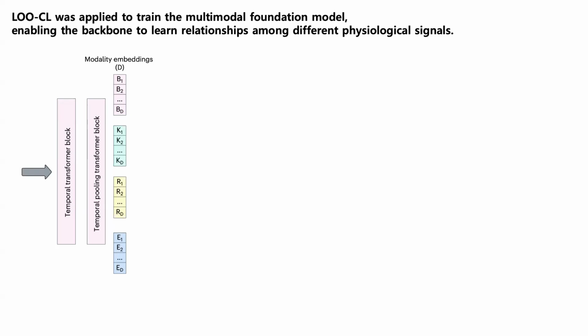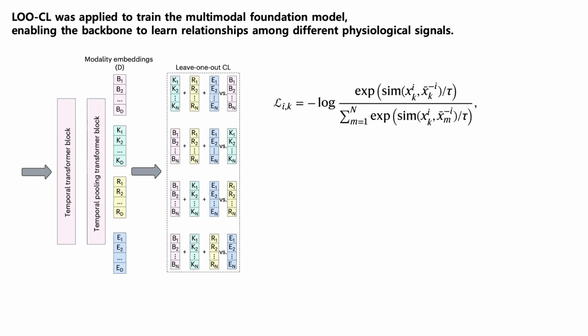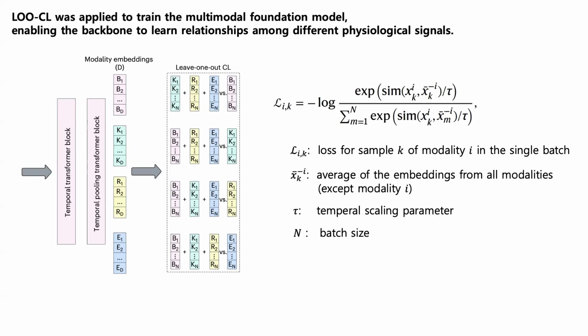Based on this embedding, we're going to apply contrastive learning because there is no label data. So they use this kind of rotation to calculate the loss value. And each part has a meaning like this.